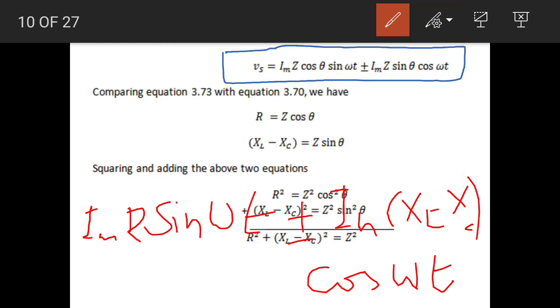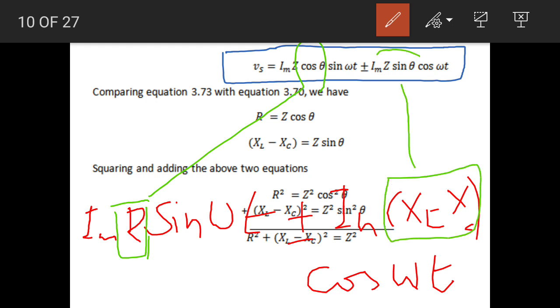And if you compare these two equations, you see R in this particular equation is equal to Z cos theta, and XL minus XC in this particular equation is equal to Z sine theta. So R is equal to Z cos theta and XL minus XC is equal to Z sine theta.